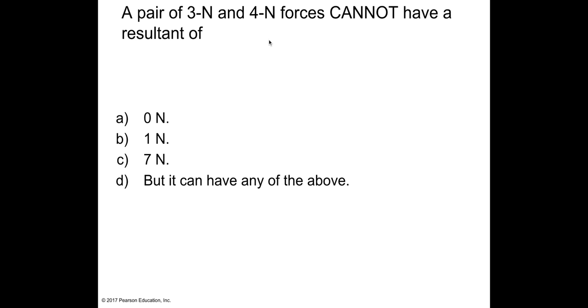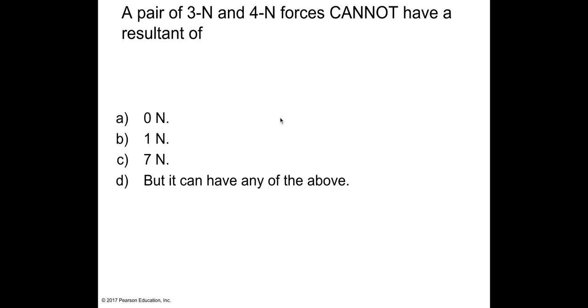And so if you arrange these forces such that they act in the same direction, calculating the net force for forces acting in the same direction is going to give you 7 Newton. But if you arrange these forces such that they act in opposite directions, then the net force is going to be the bigger force minus the smaller force, which is 1 Newton.